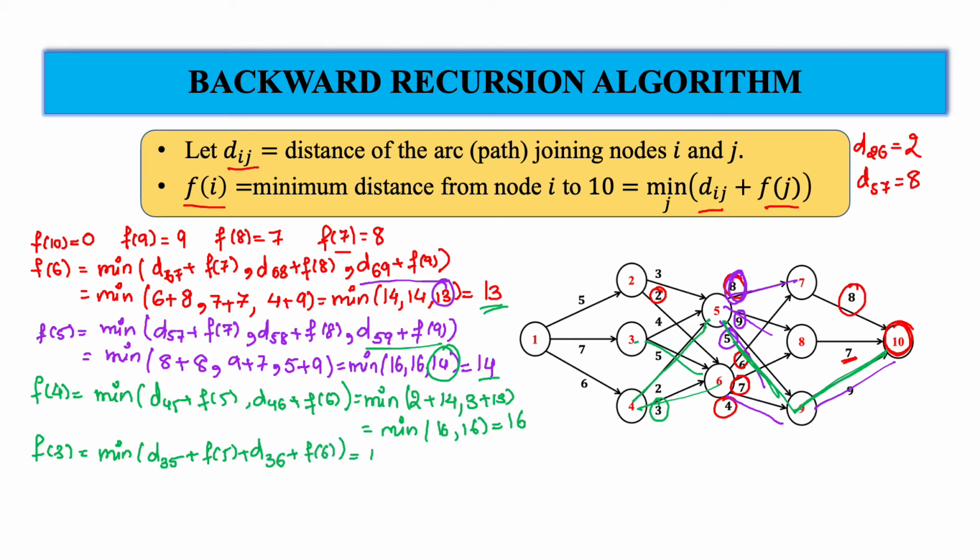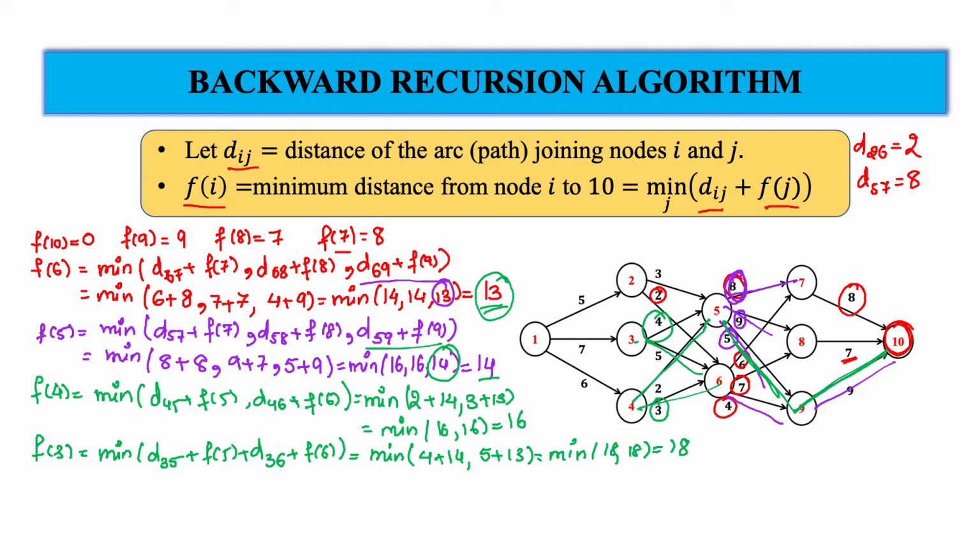So its value is minimum of D3 to 5 is what? 4 plus D5 value is, you will see, is 14. Similarly D3 to 6 is 5 units and D6 is 13 units. So you have to find out minimum of 18 and 18, which is 18 itself. So again both the paths will give you same value.